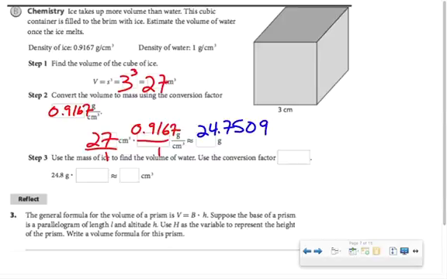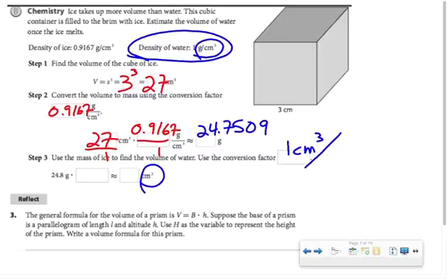In step 3, we're going to use the mass of ice to find the volume of water. So we're going to use the conversion factor here, sort of. Notice how we want our answer to be in cubic centimeters. Notice how this unit of measure has the cubic centimeters in the denominator. I don't want the cubic centimeters in the denominator, I want them in the numerator. So I'm going to write that conversion factor as 1 cubic centimeter per gram.